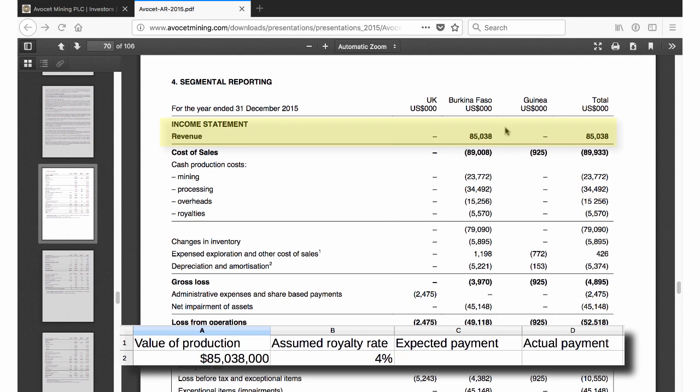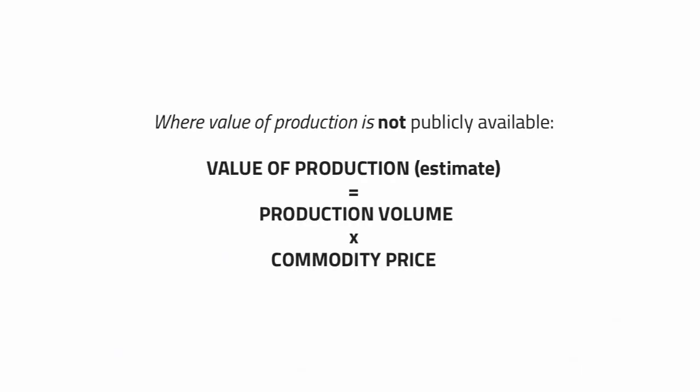It's also clear from Avocet's annual report that the company only had one mine producing gold in Burkina Faso in 2015, which was the Inata mine. This means we can take the overall gold production figure for Burkina Faso as the value of production for the Inata mine.